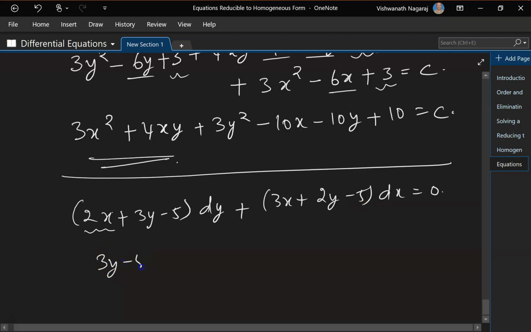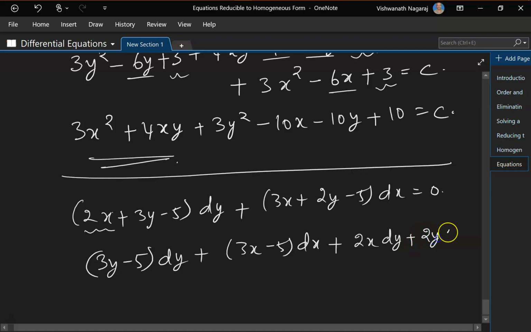So 3y minus 5 dy plus 3x minus 5 dx plus 2x dy plus 2y dx equal to 0.